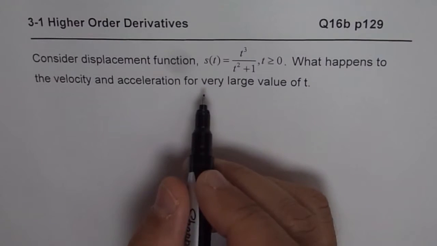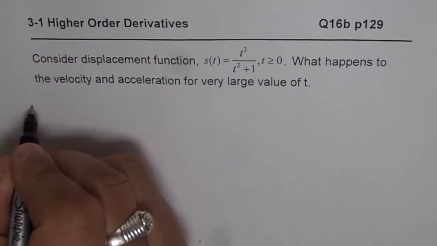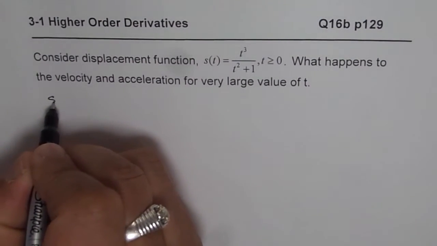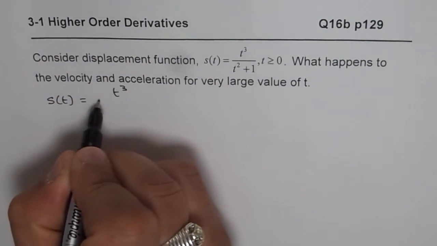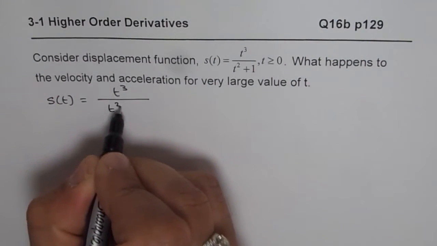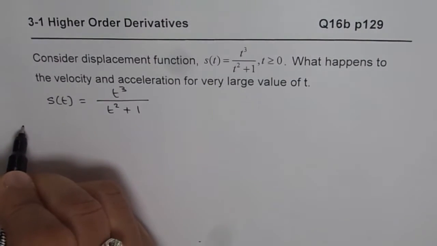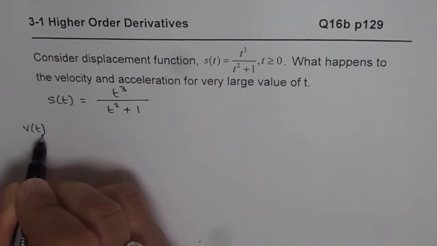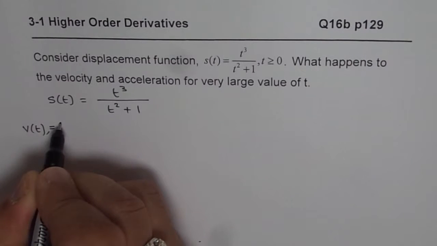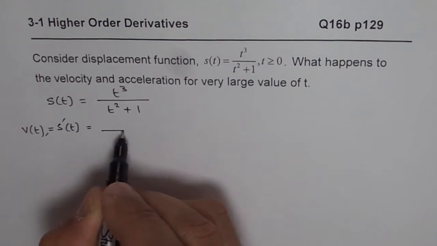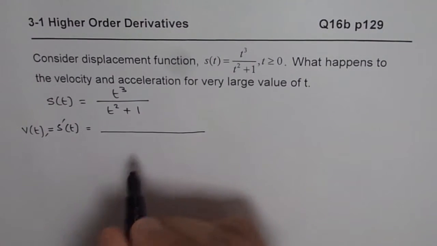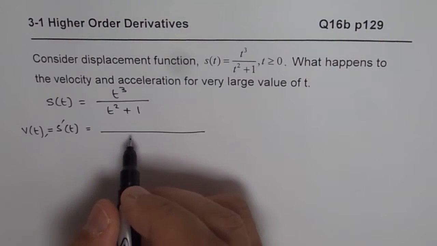So let's find the derivatives for the displacement. We know s of t, the displacement, is equal to t cubed over t squared plus 1. Velocity is the derivative of displacement. We'll apply the quotient rule to find this derivative.